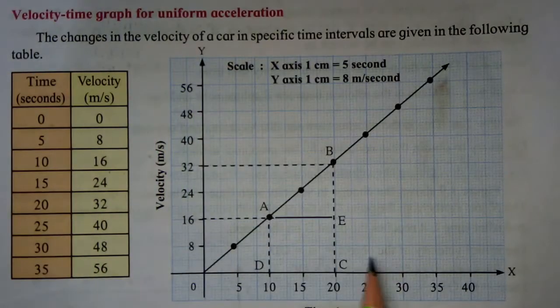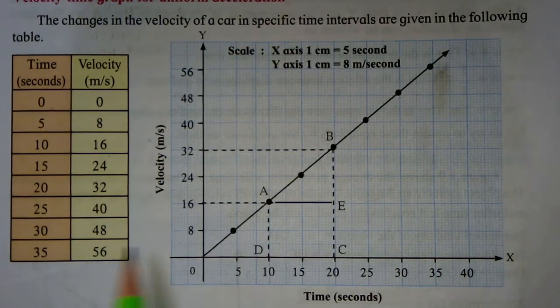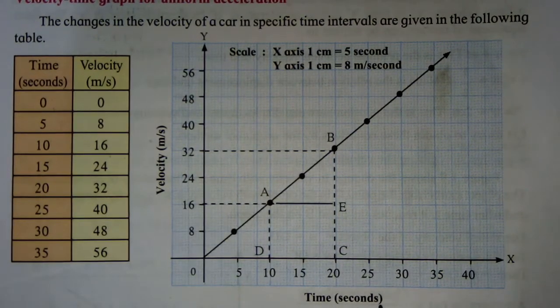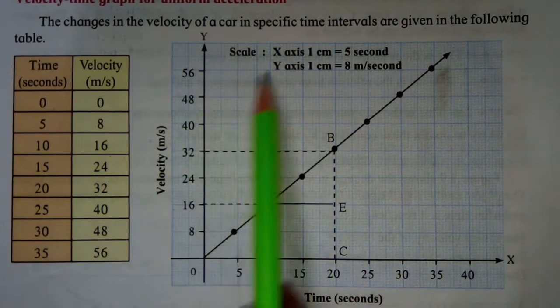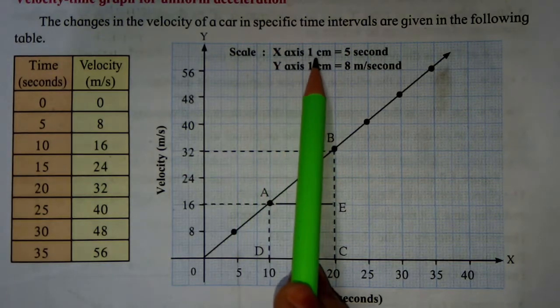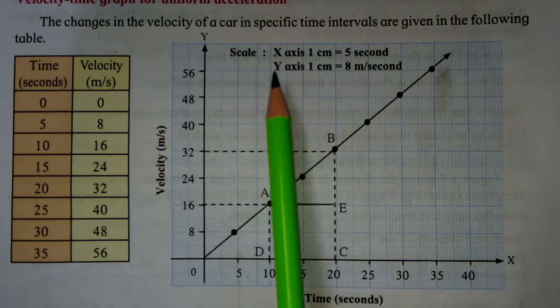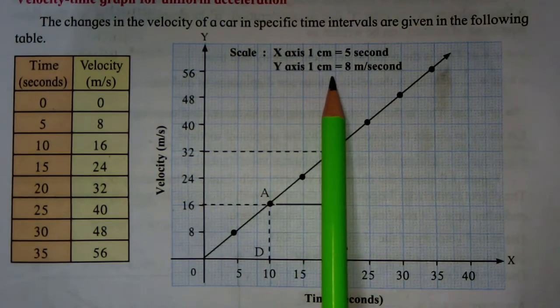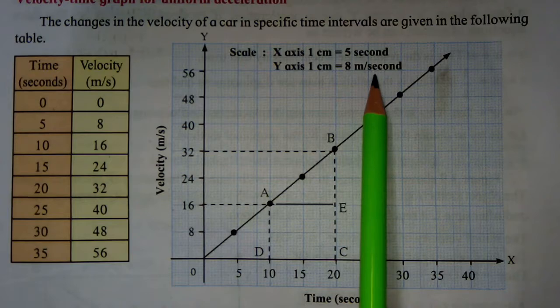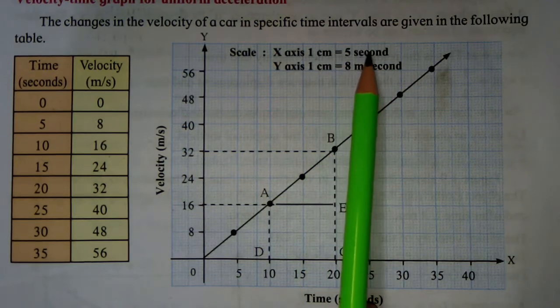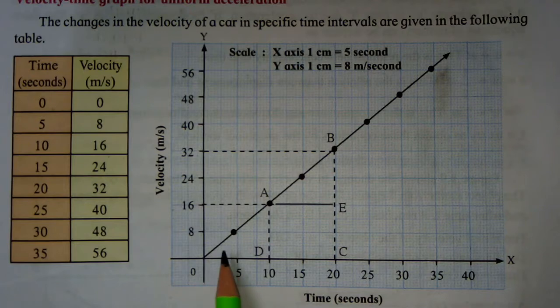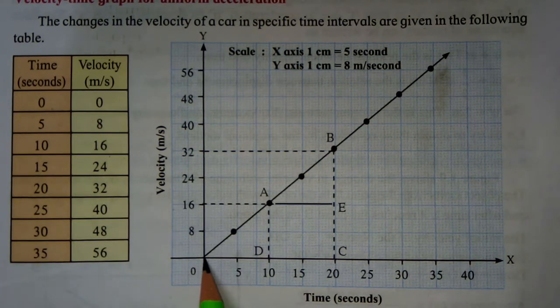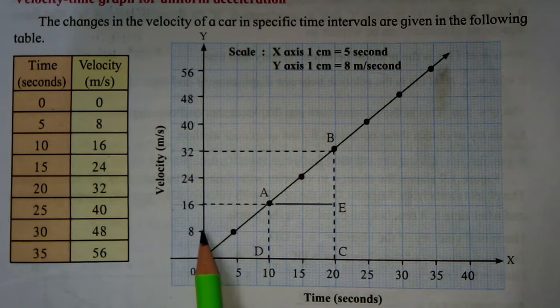Here a graph is given to us, in which along the x-axis we have time in seconds, and along the y-axis we have velocity in meters per second. The scale is given: on the x-axis 1 centimeter equals 5 seconds, and on the y-axis 1 centimeter equals 8 meters per second. The car starts its journey from 0 seconds at 0 meters per second velocity.